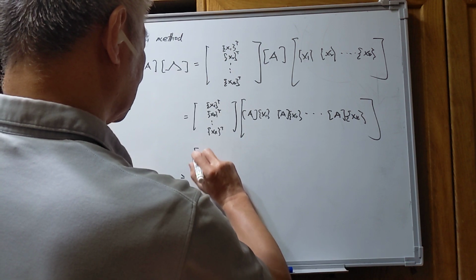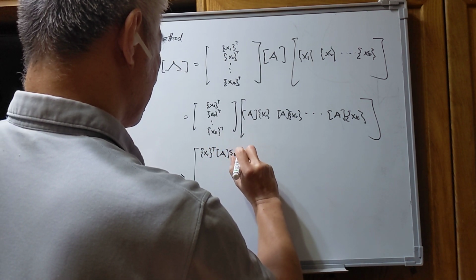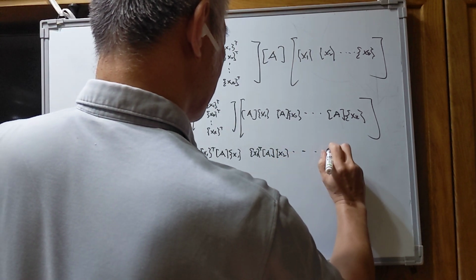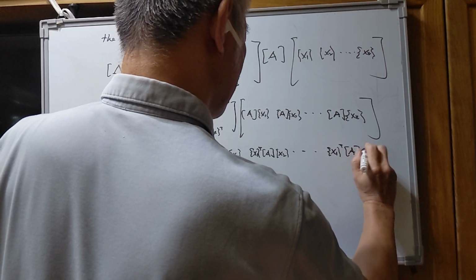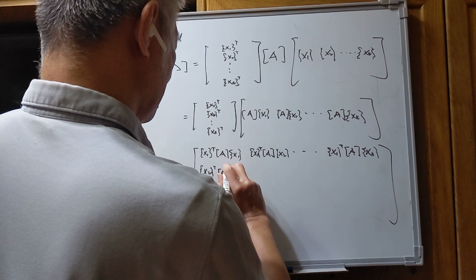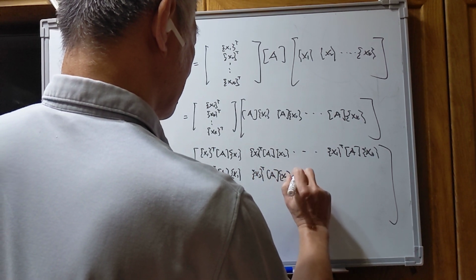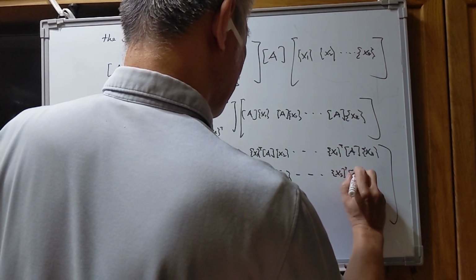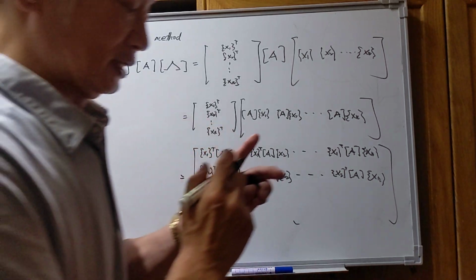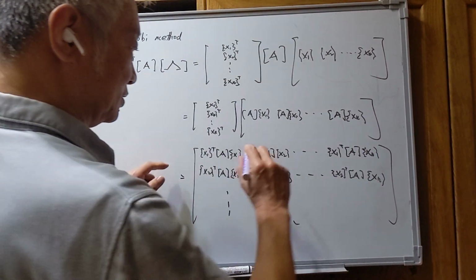So if we multiply these three together, okay, we can calculate the elements of this one, and also we know this one should be equal to 0.